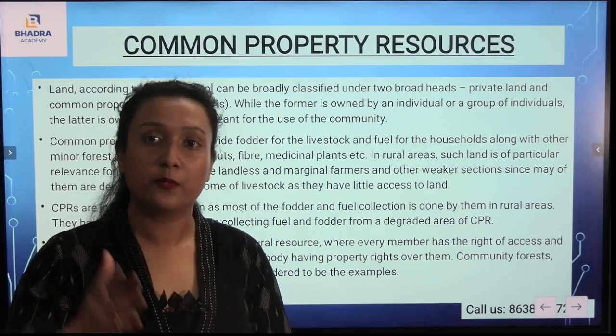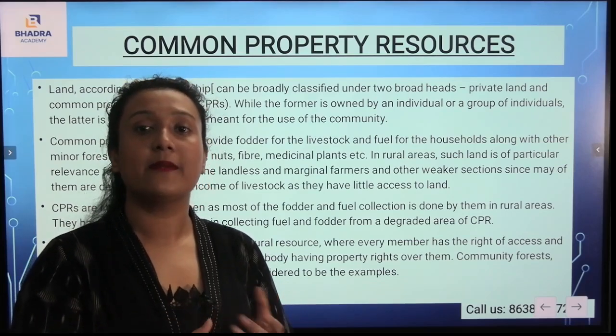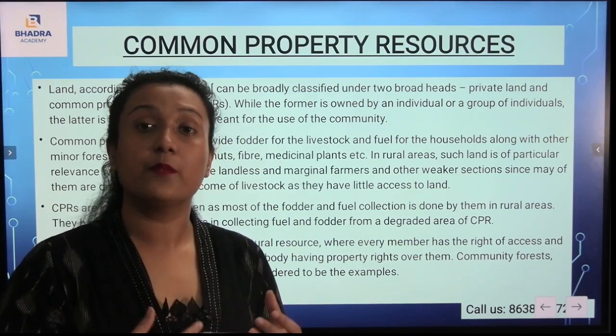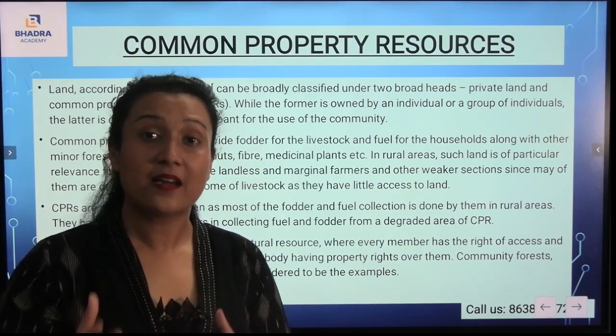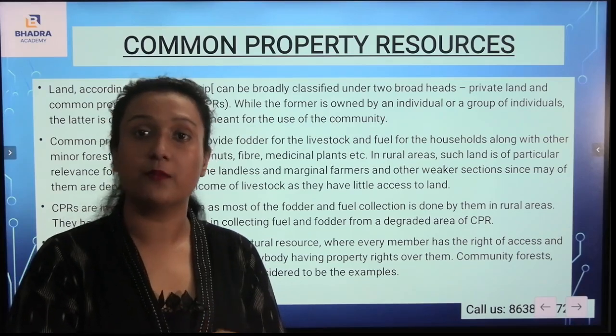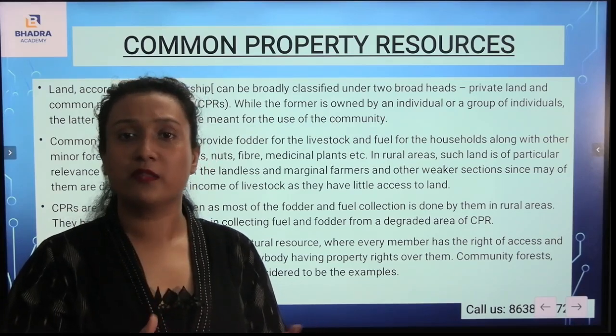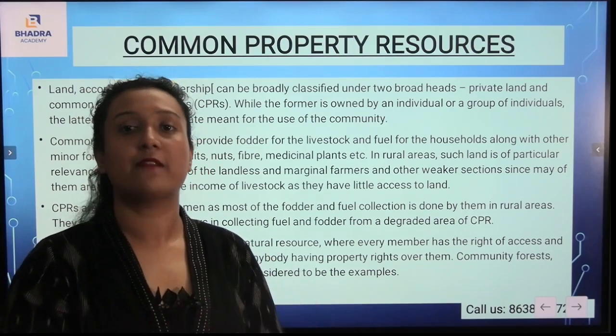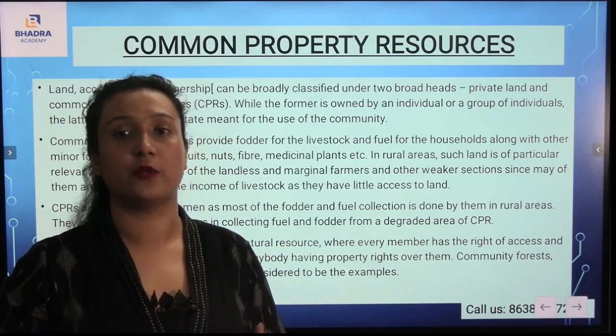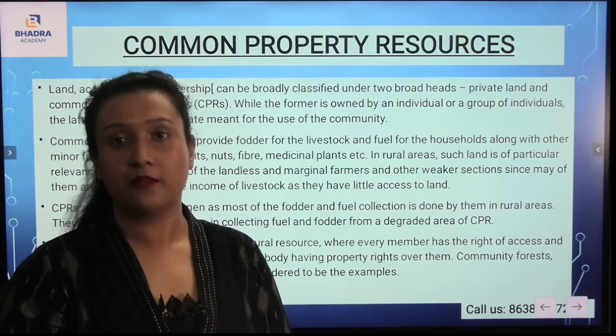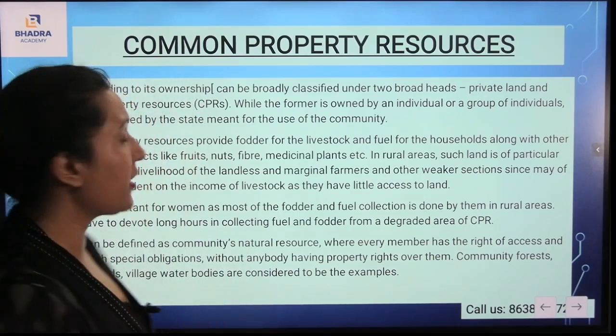With those common property resources, people will be collecting their food, their fuel, and other items so that they can have some meager income. Common property resources are for everyone without any property rights. They are available to each and every person living in the rural area. I hope you have understood this one.